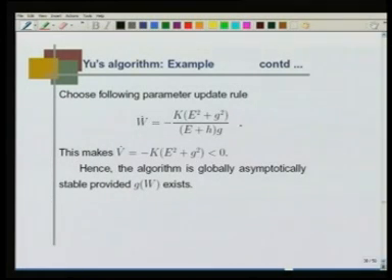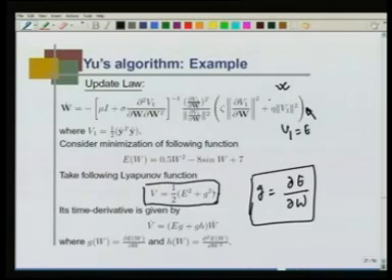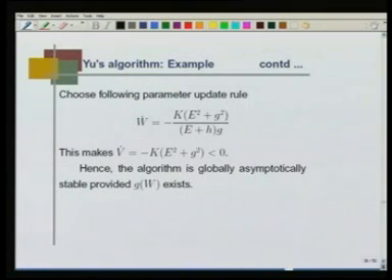This law actually comes from the general one. For a simple case when W is a scalar, this very complex weight update law simplifies and is very simple to update. So, W dot is minus k E square plus G square by E plus H G. E, H, G and W are all scalars, so it is very easy to compute.